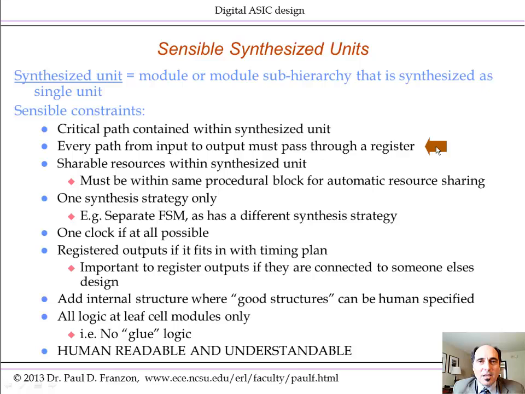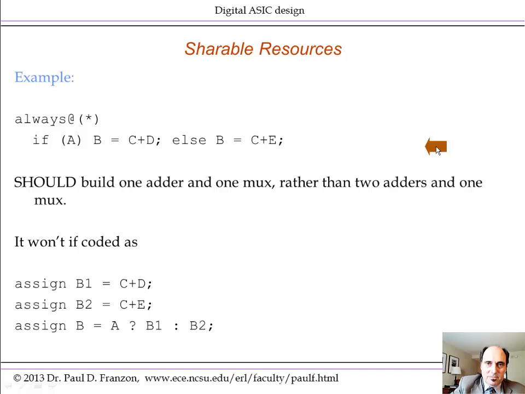I'm going to talk about shareable resources. Here's a simple example. We have an if statement with 2 adds specified in it. Because you'll never have to do these 2 adds at the same time, you want this to be built as one adder and one multiplexer on the second input to that adder, rather than having 2 adders and a mux on the output.